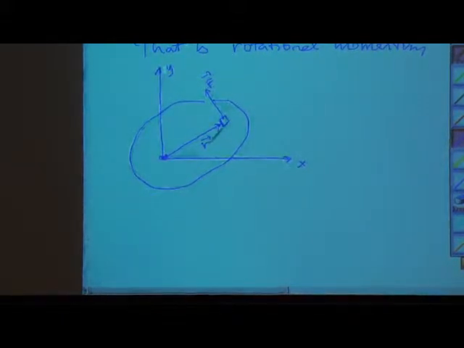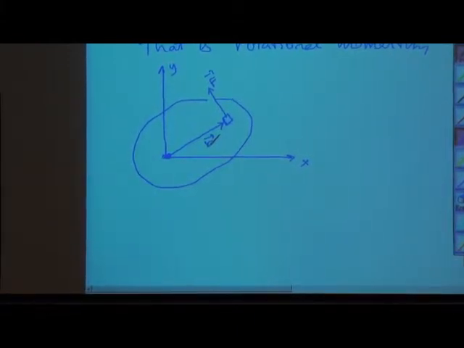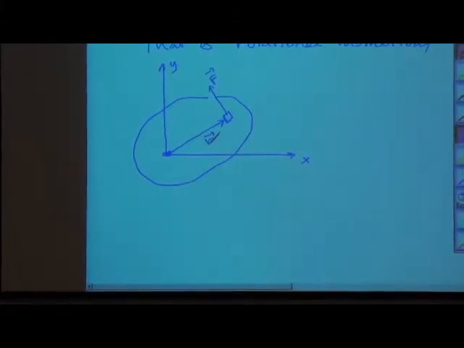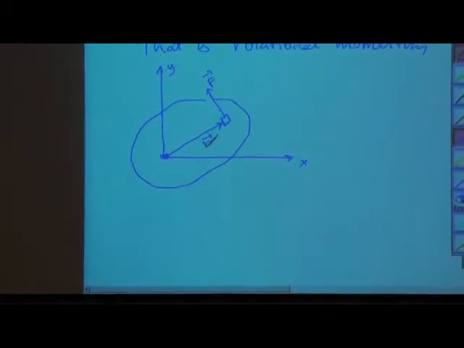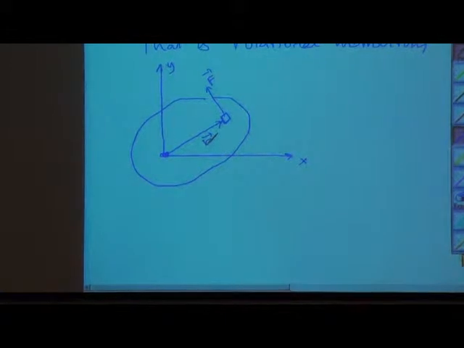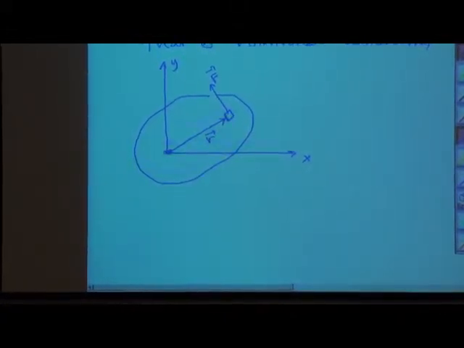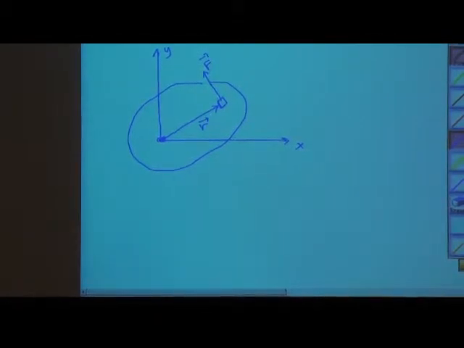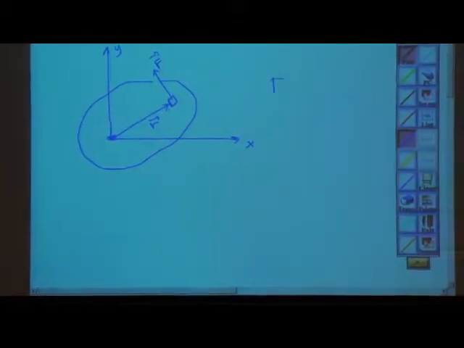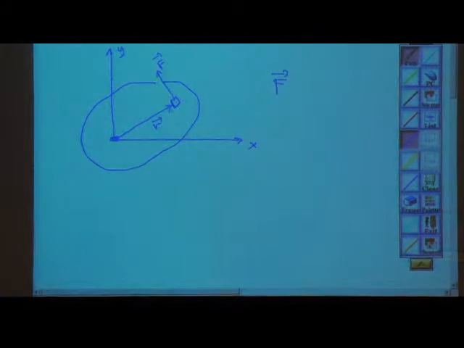Now, for the time being, let's forget about what we are going to be investigating today, which is the angular momentum, and we know that there is the momentum in rotational motion. Let's focus on one particular quantity. But before that, let's remember the linear momentum, that is Newton's second law.